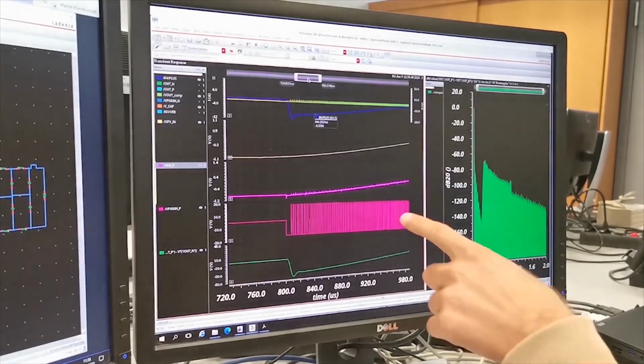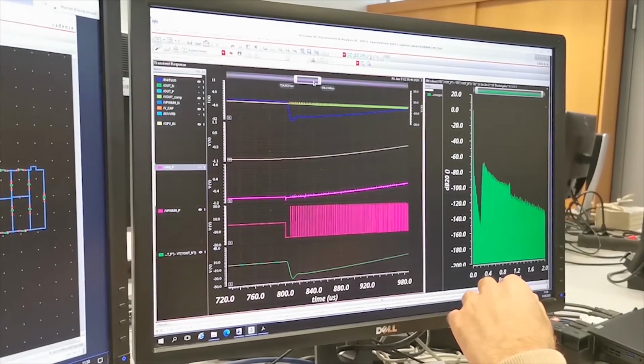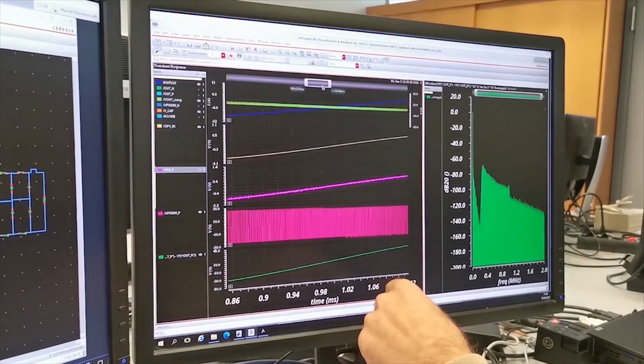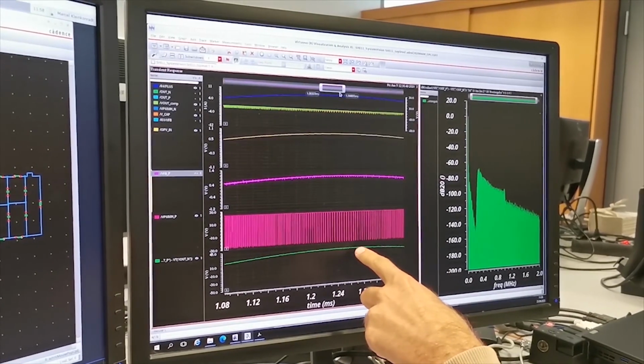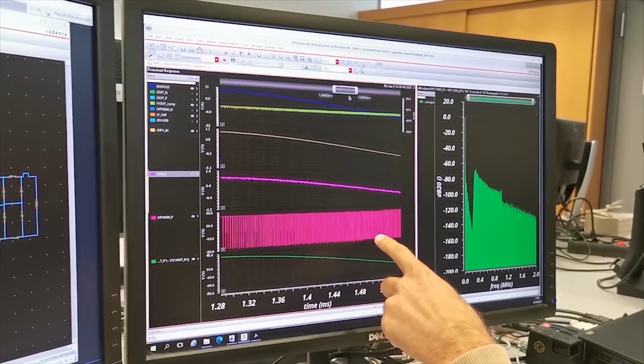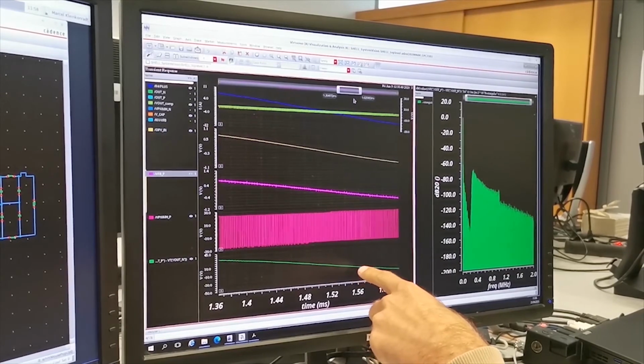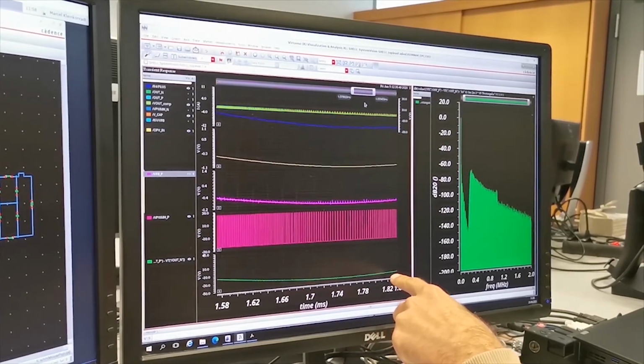As we sweep through the sequence, the modulation process becomes apparent. With closely spaced pulses, we get higher output voltages, and vice versa with the wider spaced ones, as you can see here on the left side.